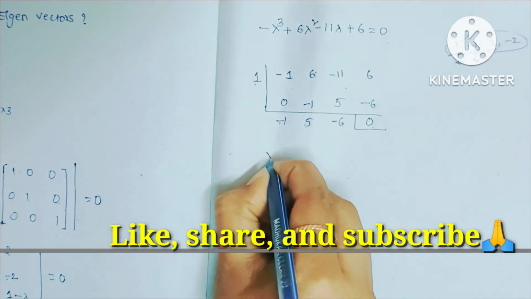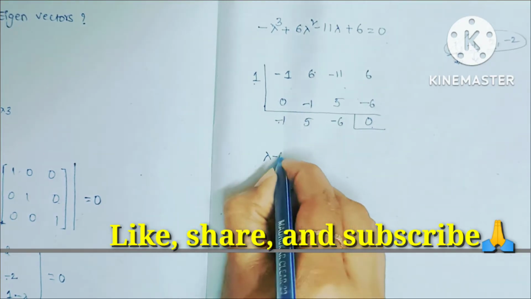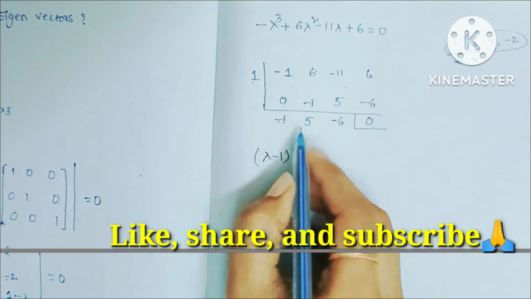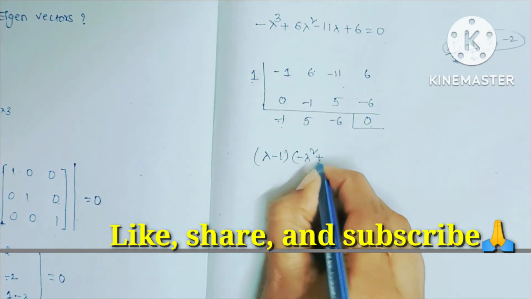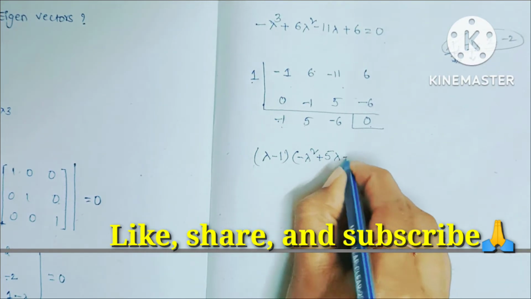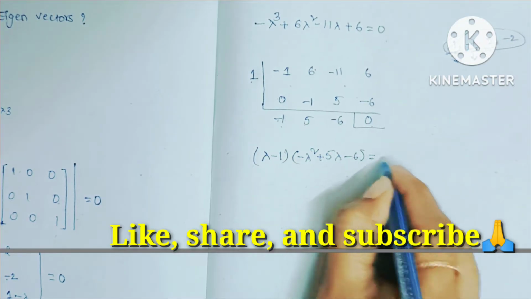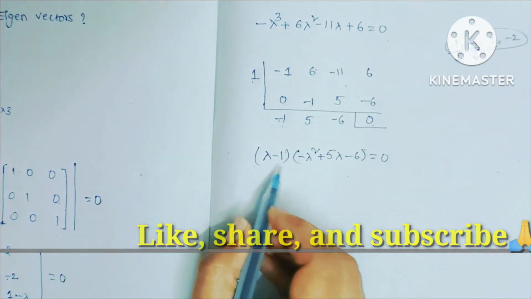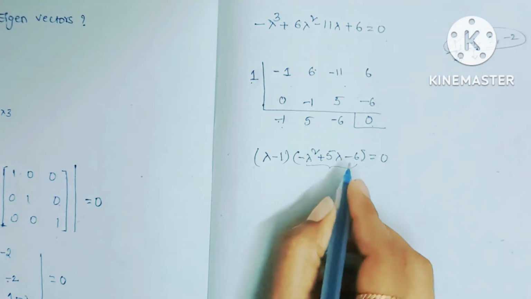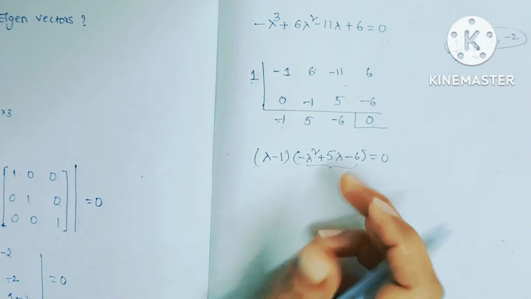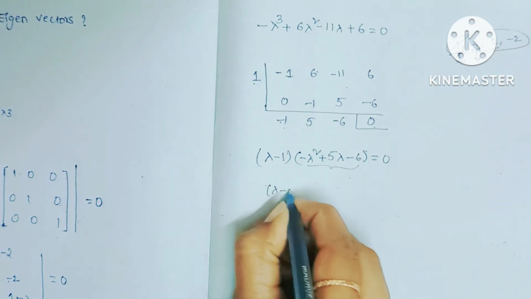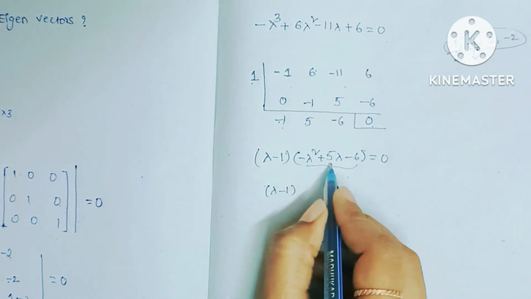So here we can write lambda minus 1 into, so here this one is quadratic, minus lambda square plus 5 lambda minus 6, which is equal to 0. Understood? And if you want, we can take minus common in this quadratic equation. To avoid confusion, I am taking minus common.